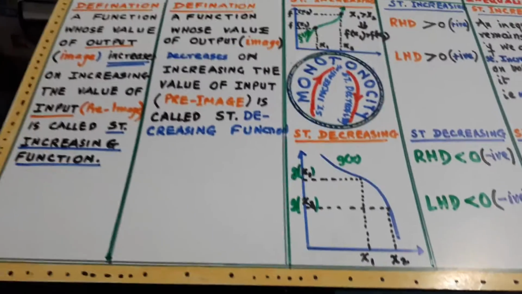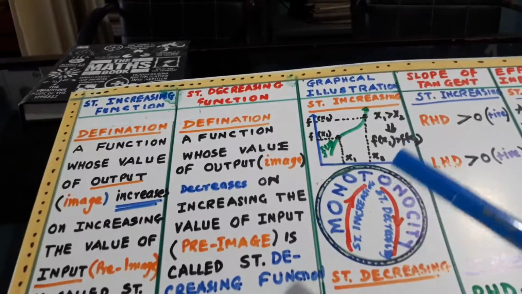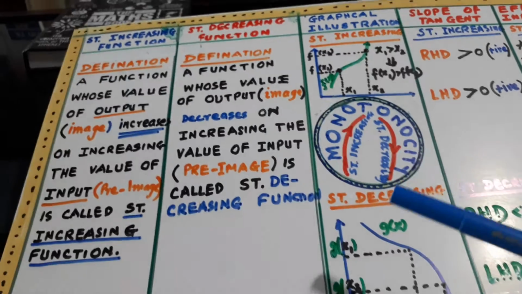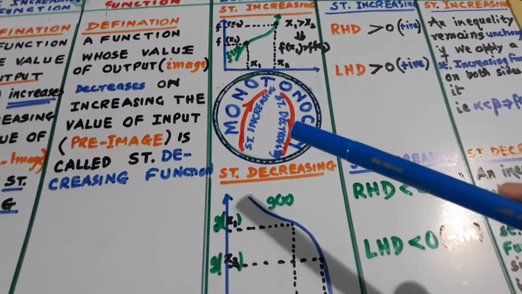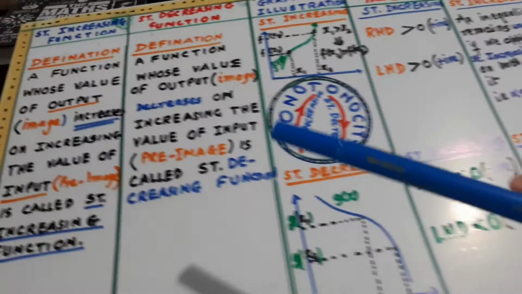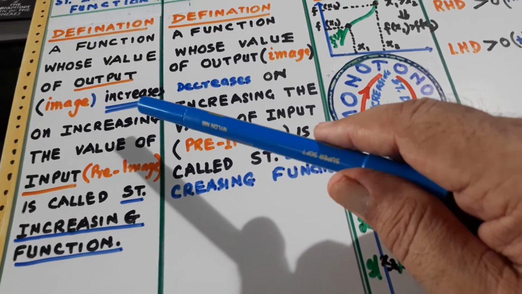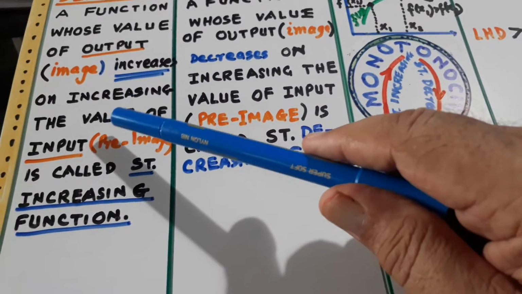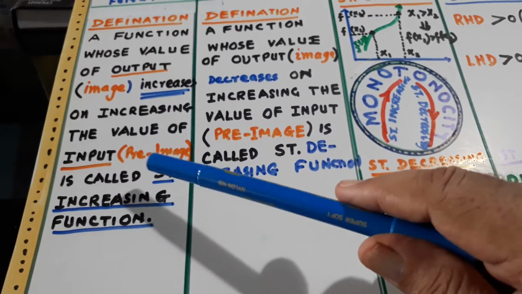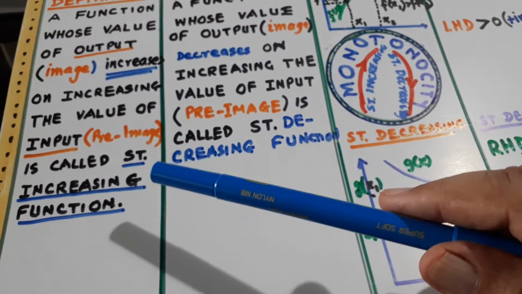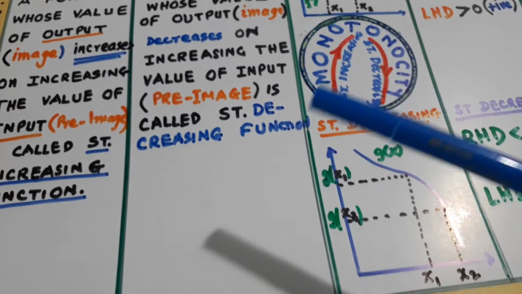Now, let us further see how the increasing and decreasing functions are represented by graphs. A function whose value of output increases on increasing the value of the input, if the input increases then the output also increases, is called a strictly increasing function.